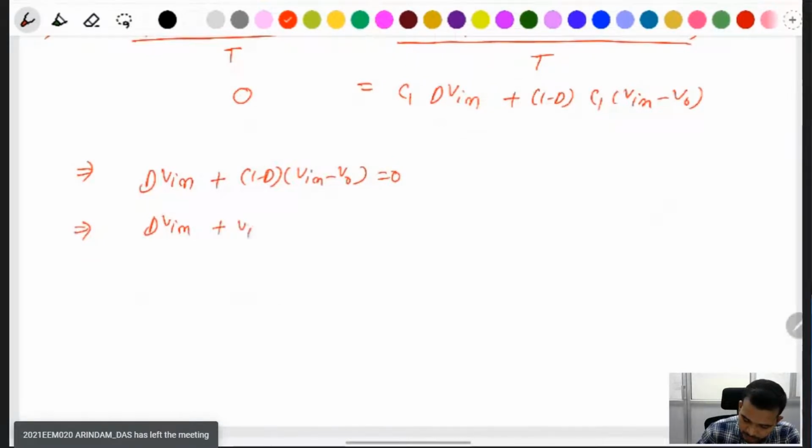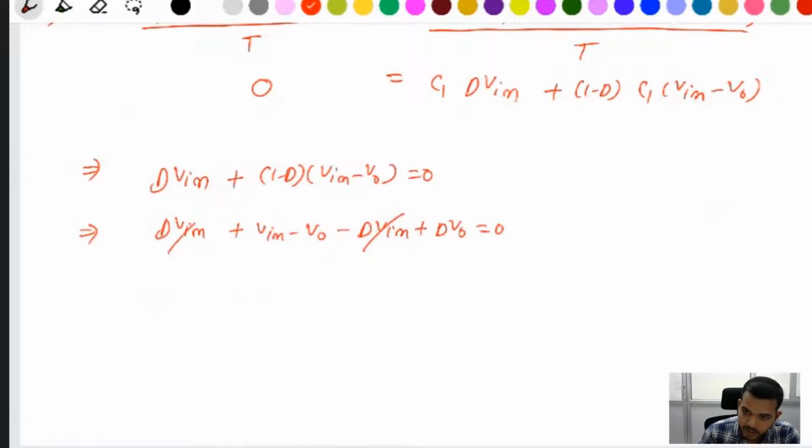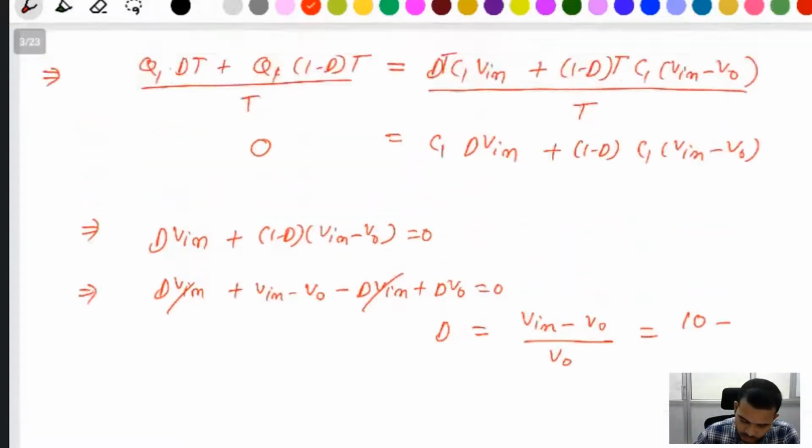Solve it: minus d V in plus d V naught equal to 0. d V in cancels out, and we find d is equal to (V in minus V naught) divided by V naught.